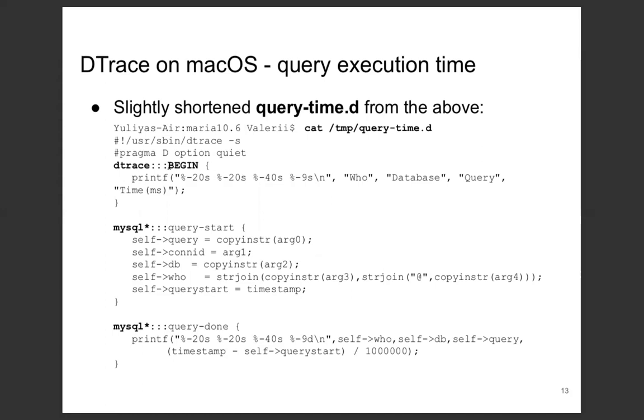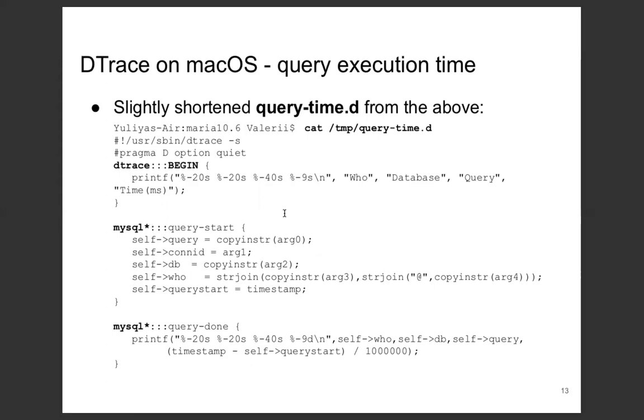Basically, the program is like that. There is a begin probe like in AWK, so it prints some title. Then, whenever the query start probe is hit in MySQL, note it's still MySQL. Do not use MariaDB here. Nobody changed the probes for MariaDB from those in MySQL 5.6 that we inherited and still keep.